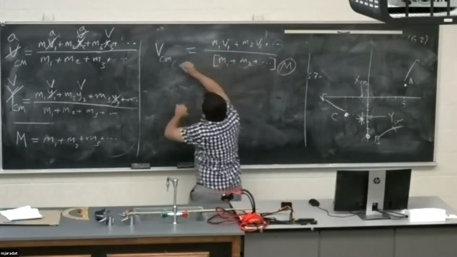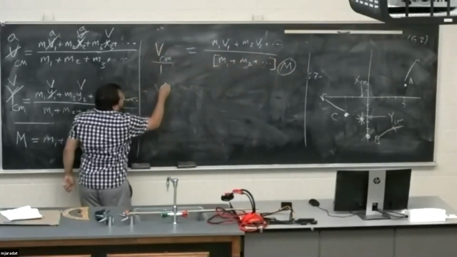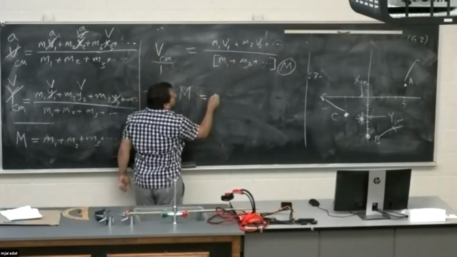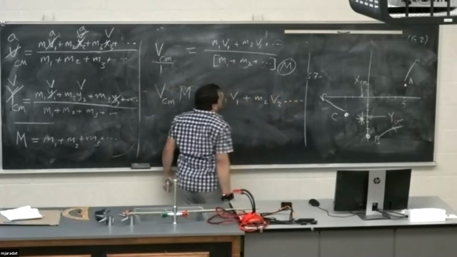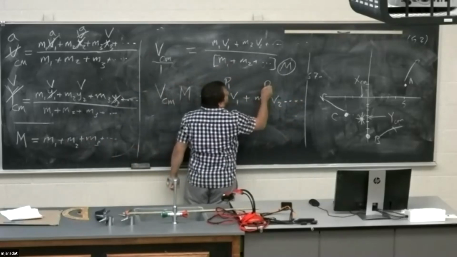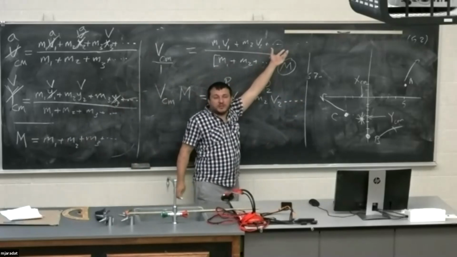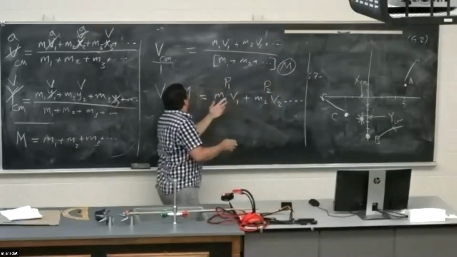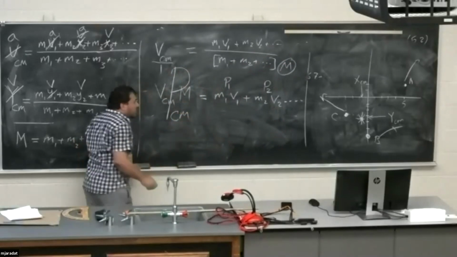If we multiply by the total mass, the velocity of the center of mass times the total mass is equal to m1 v1 plus m2 v2, and so on. m1 v1 is the momentum of the first object. This is the momentum of the second object. So the momentum of all the parts of the comet together will be equal to the momentum of the comet, which is the center of mass, or the total momentum.